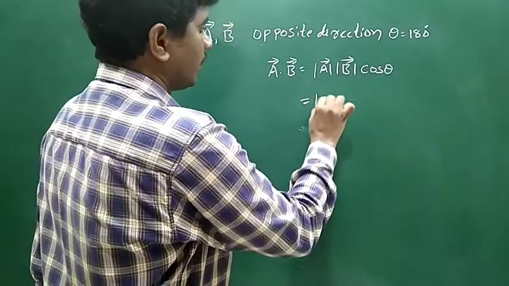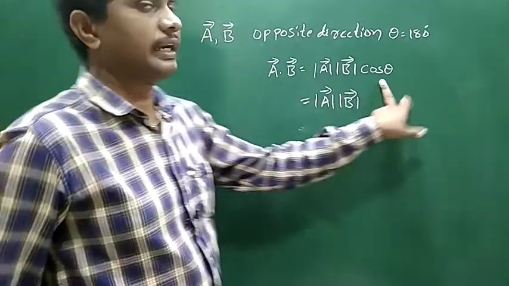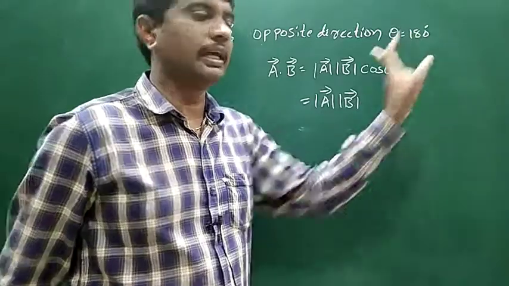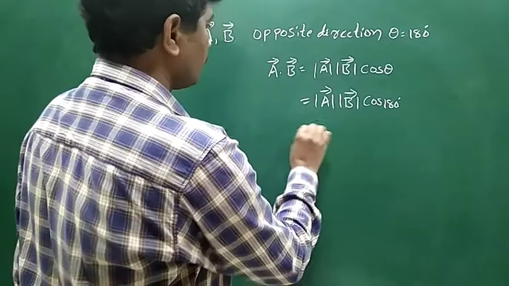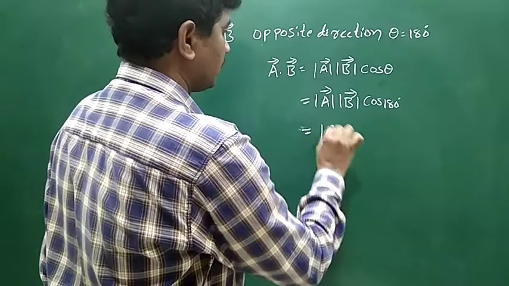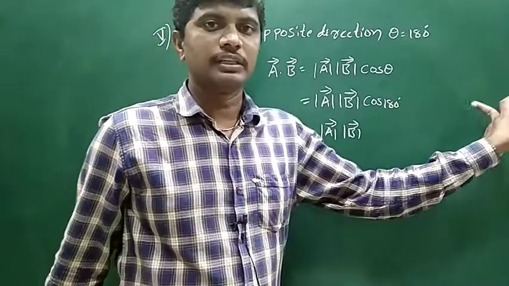Next, mod A bar mod B bar cos theta, where theta is equal to 180 degrees for the opposite direction. Cos 180 degrees is equal to minus 1.